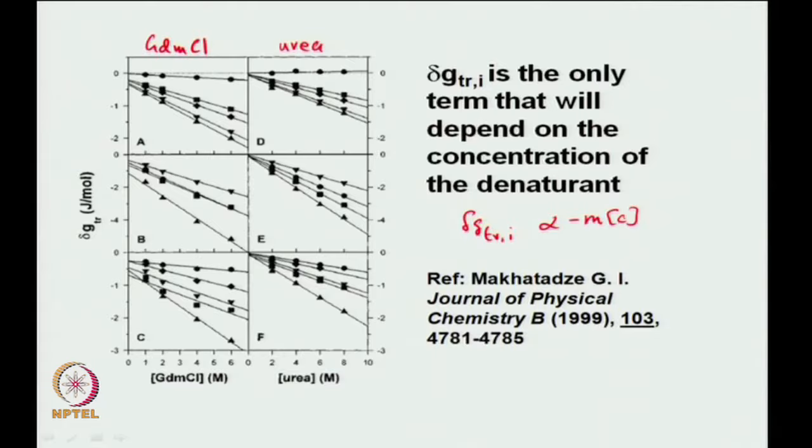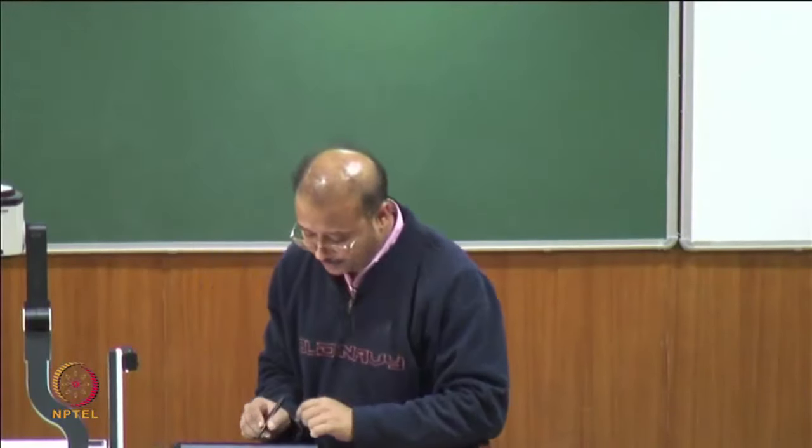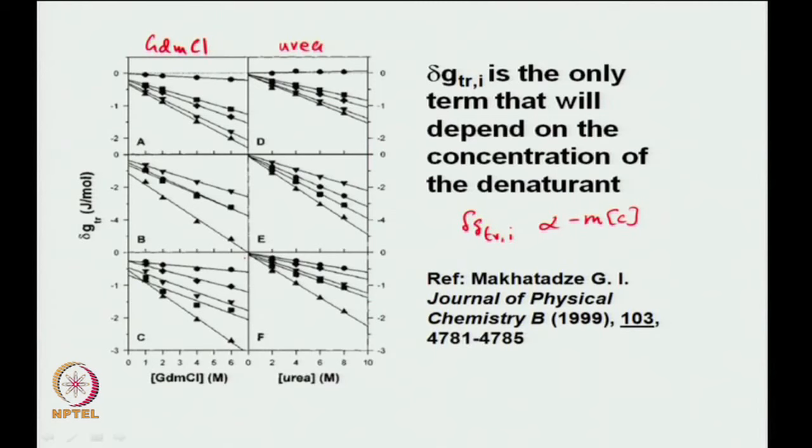But look at what happens in urea. In case of urea, you are starting from here 10 molar and you go back. In case of urea, which is the right hand side, each and every curve goes to 0 at 0 concentration of urea, is it not? All of them extrapolate to 0 at 0 concentration of urea.